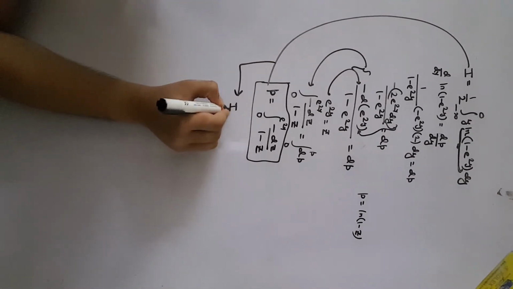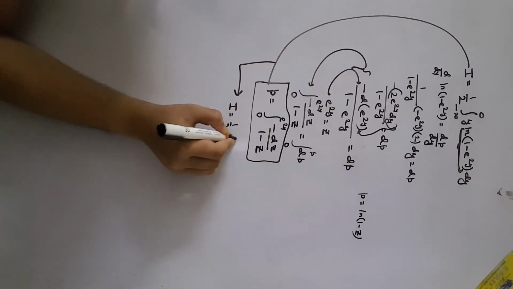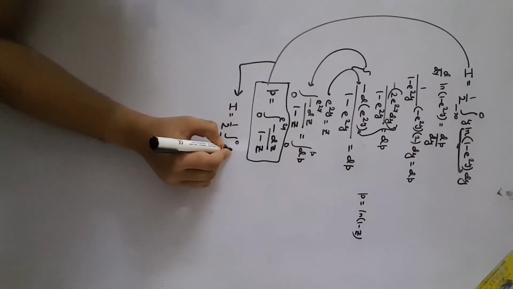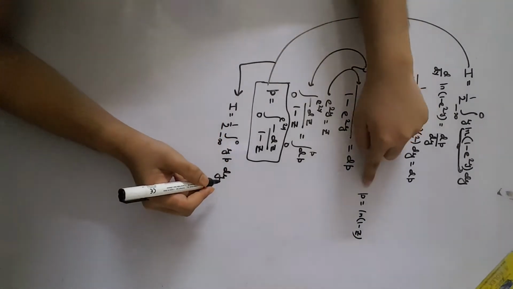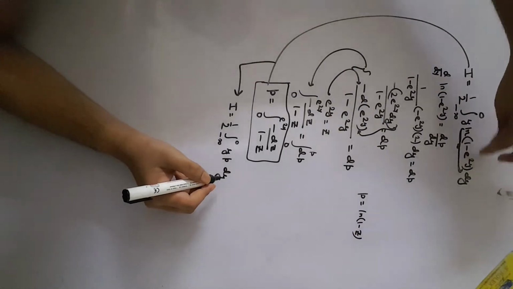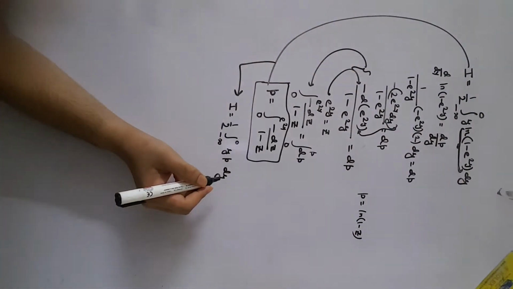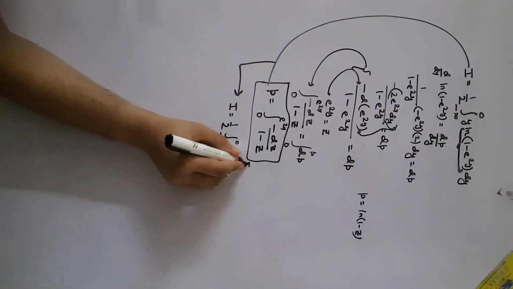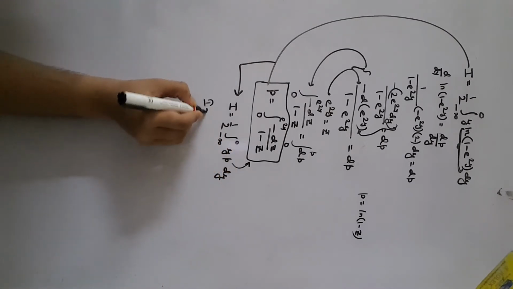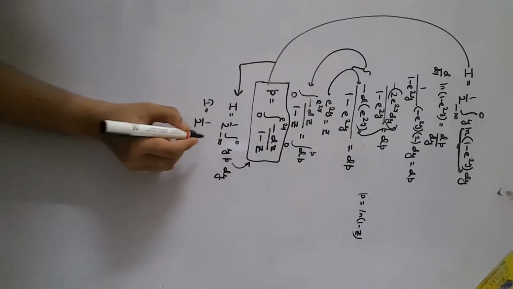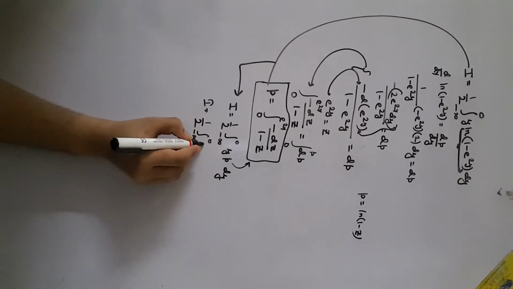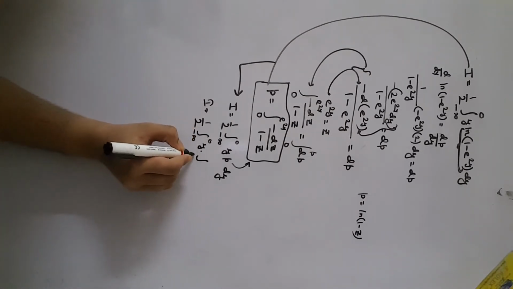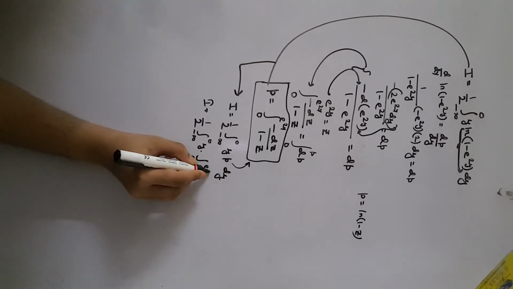Now we can write I as 1 by 2 integration from minus infinity to 0 of y times p dy, because originally we have taken p as natural logarithm of 1 minus e to the power of 2y also, and now p is this. So putting them in, we will have 1 by 2 integration from minus infinity to 0 of y times integration from 0 to e to the power of 2y.